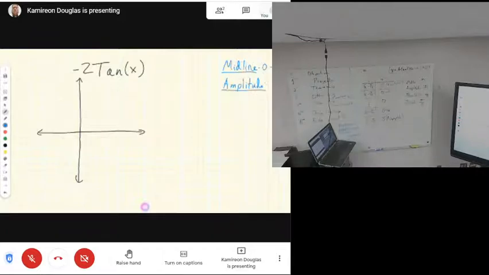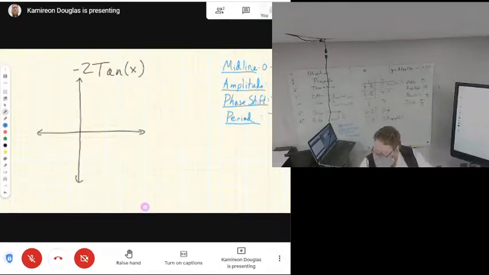Phase shift. There is none. And finally, the period. Again, I can plug into the formula there. My b value is 1, so pi divided by 1 would be just pi. Now I got all the pieces I need to get this thing started.